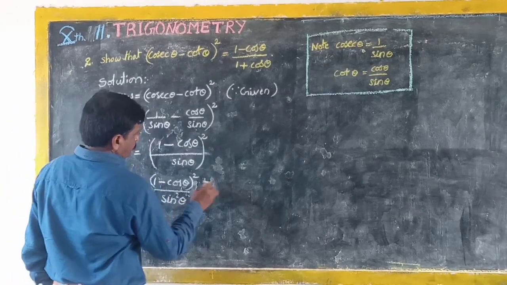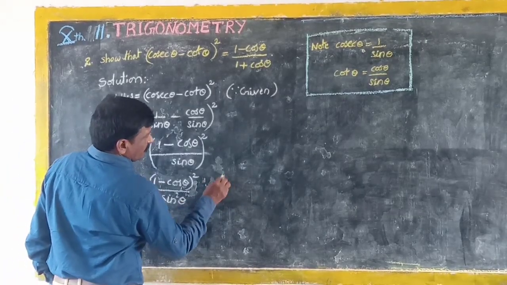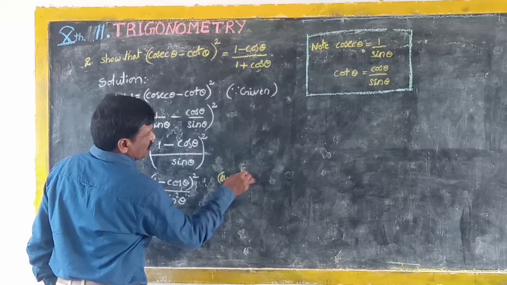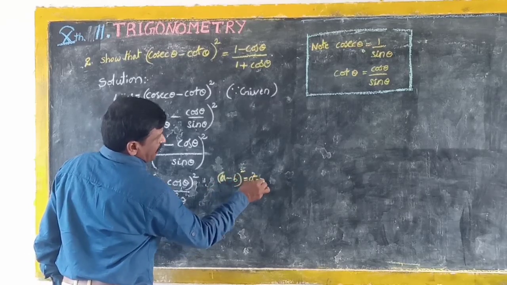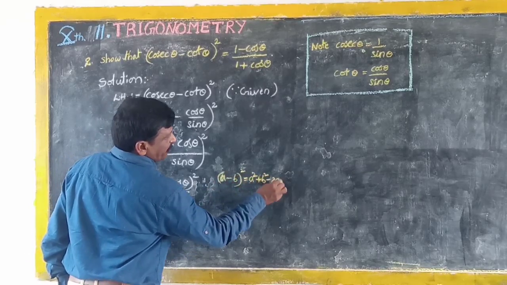So, (a minus b) whole square is equal to a square plus b square minus 2ab.